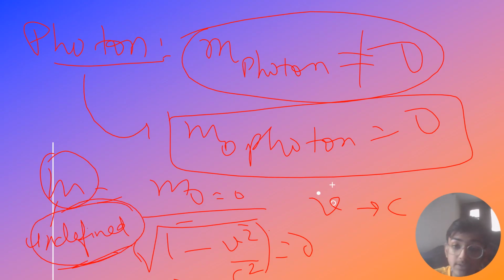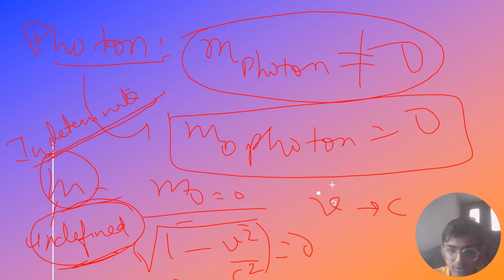The mass of the photon is not defined, as it is forming a 0 by 0 form, one of the seven indeterminate forms. You can say undefined or indeterminate, both mean almost the same. But what we say is that the mass of the photon is zero, generally speaking, that is actually the rest mass of the photon, that is m naught.